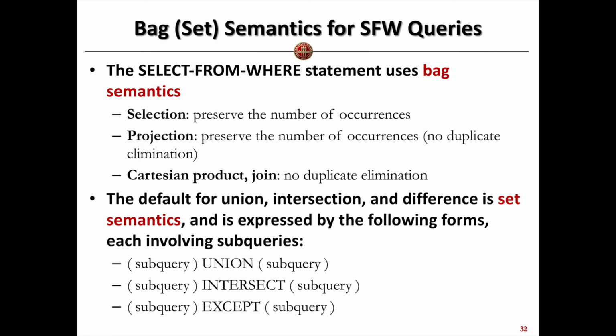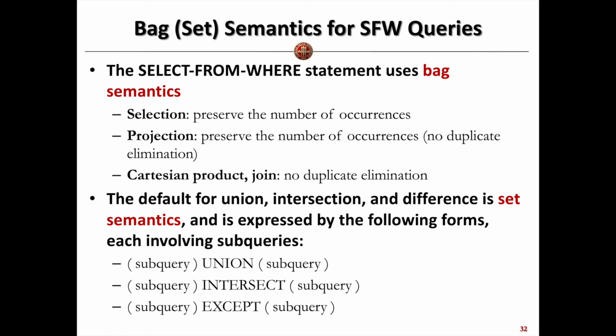If you still remember in relational algebra, we talked about operations like selection, projection, product, and joins. Remember, for these operations, we never eliminate duplications. We allow duplicate records in the results. Therefore, we say these operations use bag semantics, because they allow duplications of the tuples.